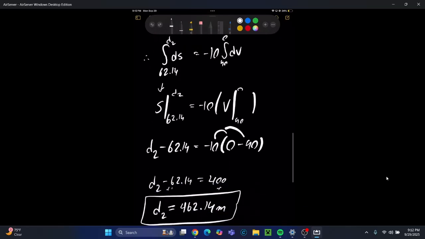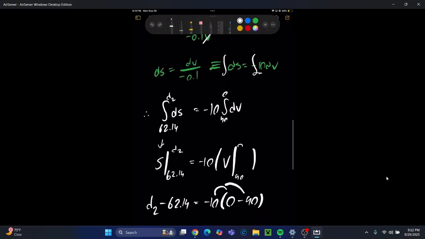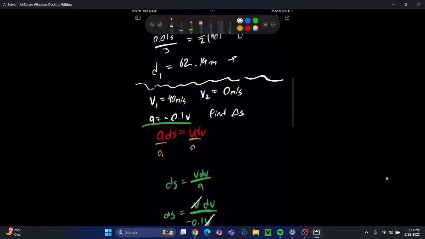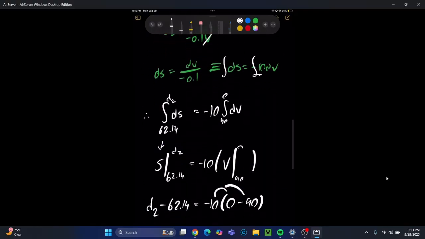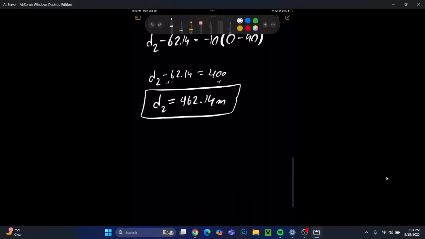That's going to be equal to negative 10 dv, and our velocity conditions: our initial condition is 40 meters per second, and it stops at rest, so our end condition is 0. So it goes from 40 to 0. Again, we just integrate that and we get the answer.